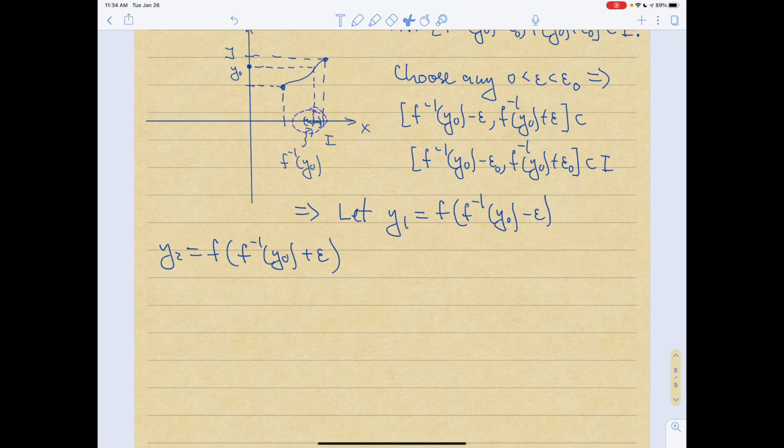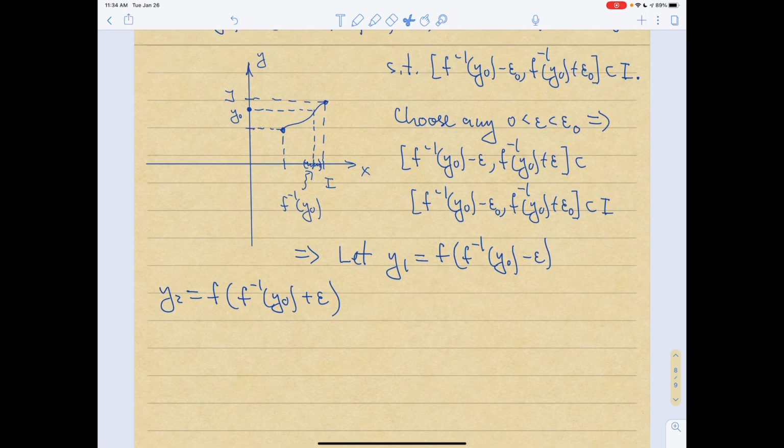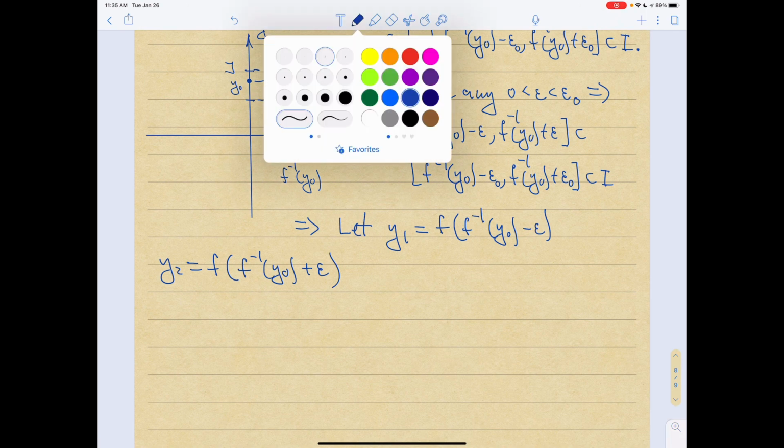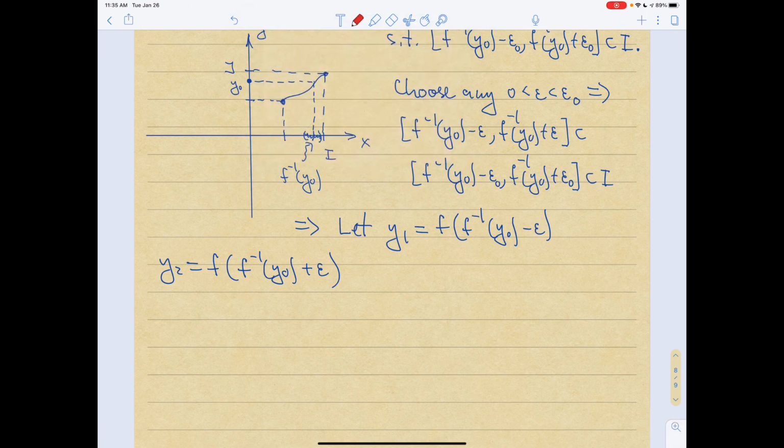So then I can apply f values to those 2 points, and I'm going to end up on the y-axis. Let me see if I will be able to illustrate this. Actually, let me use a different color. So f inverse of y0 plus epsilon is some number here. f inverse of y0 minus epsilon is some number there.